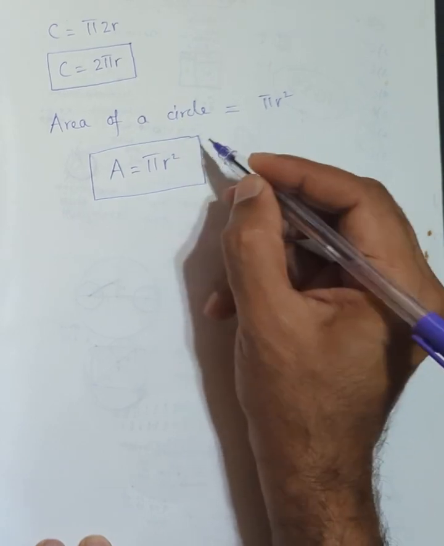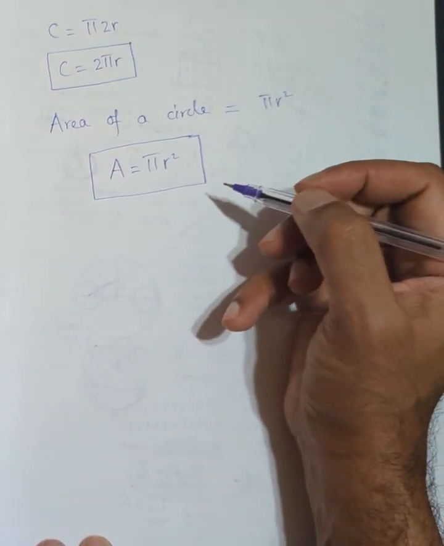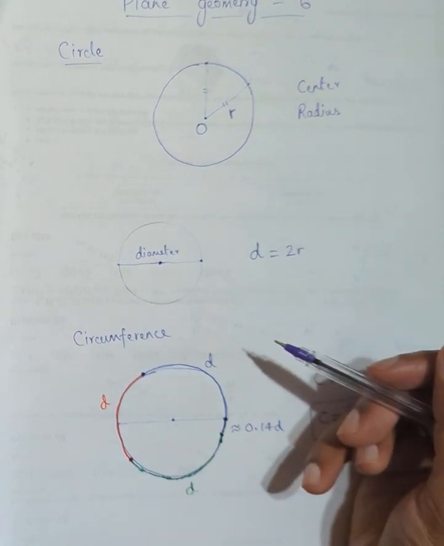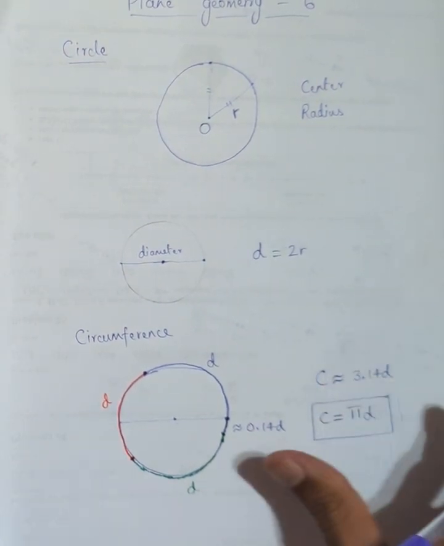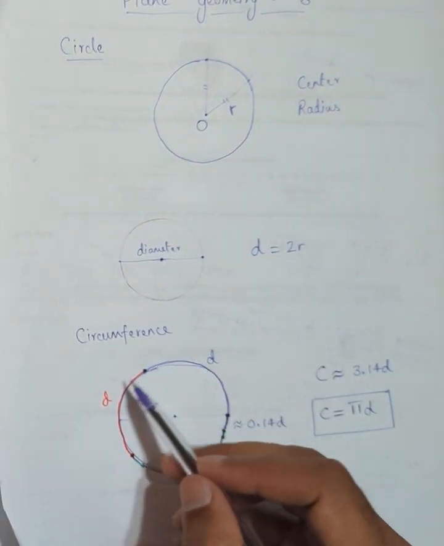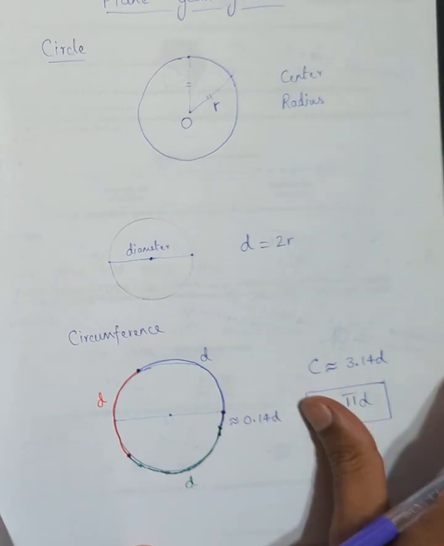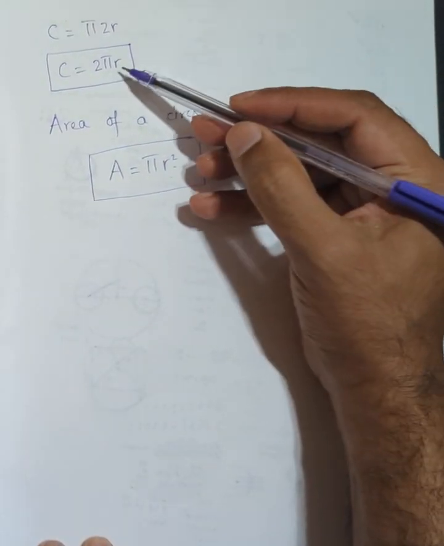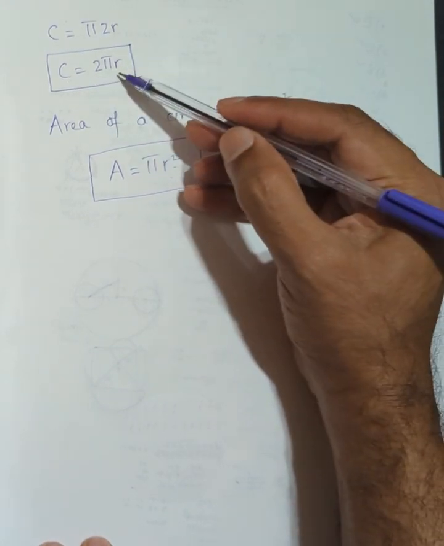So how much area, how much room you have inside a circle of radius r, that's going to be pi r square. And what is the outer boundary? That's going to be pi times d, or 2 pi r. Now notice that circumference is one-dimensional.